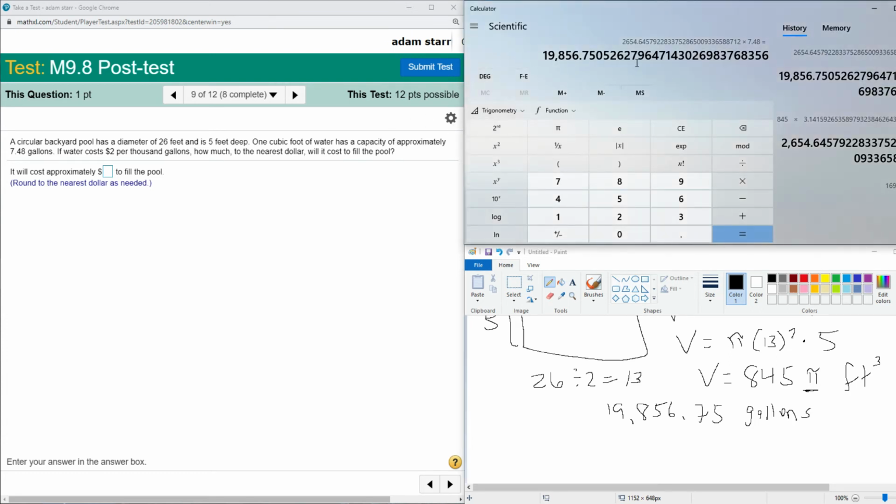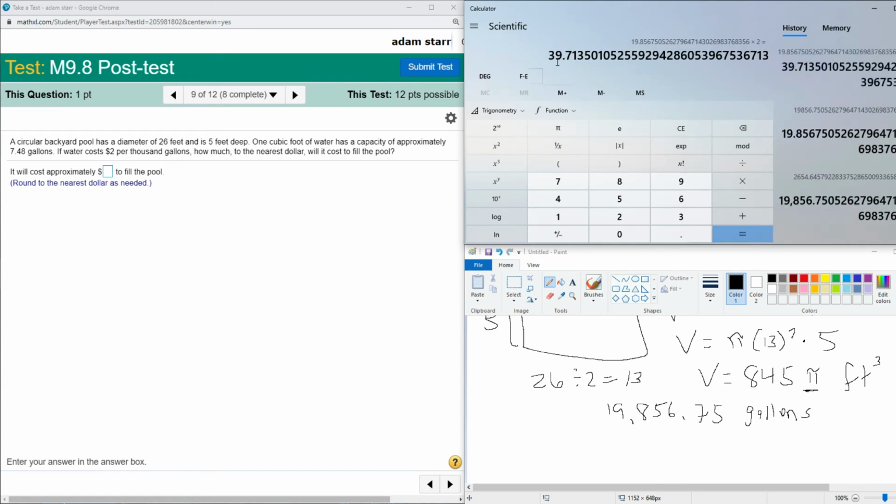So now I'm going to take this number, because it's for every 1,000, and divide it by 1,000 to get how many thousands there are. So there are about 19.8567, so on, 1,000 gallons. And each one is $2. So now I'm going to take this and multiply it by 2 for the $2 per 1,000 gallons.